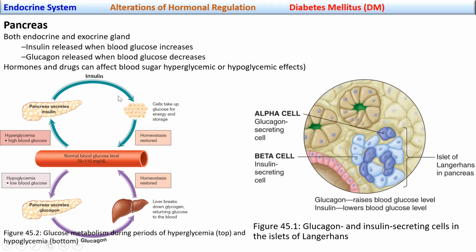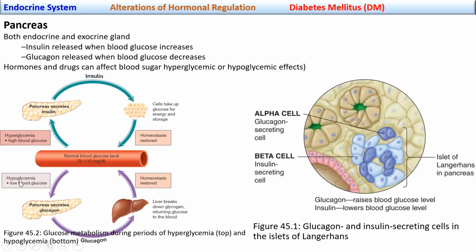In other words, this insulin hormone allows the glucose molecules to enter the cells for metabolism as a source of energy and storage. That eventually results in homeostasis, controlling the blood glucose level within the range of 70 up to 100.